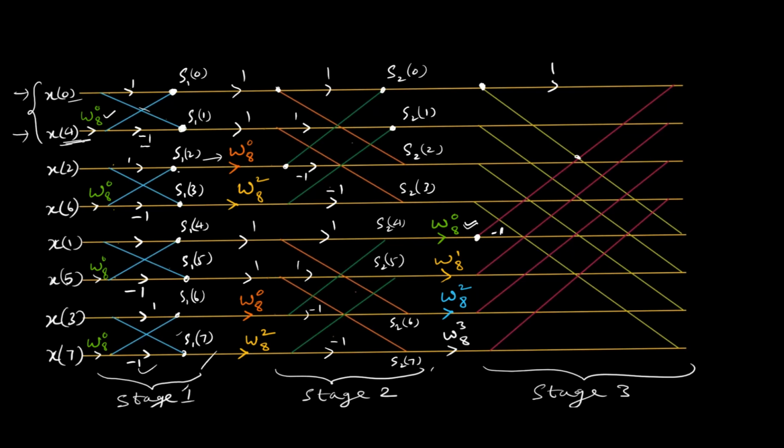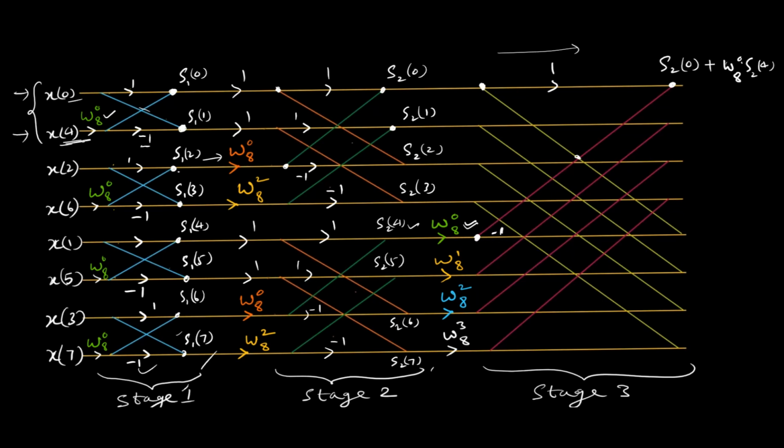So at this point we'll get S2 0. On the horizontal line the values will get multiplied, and on these diagonal lines they will get added up. So plus W80 multiply S2 4.